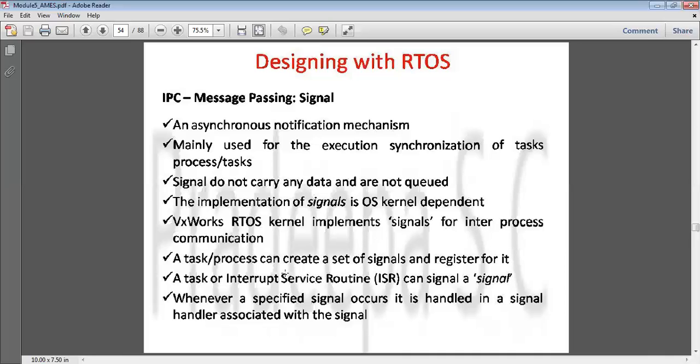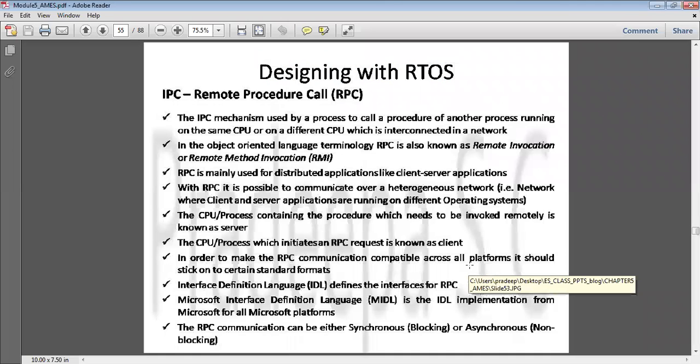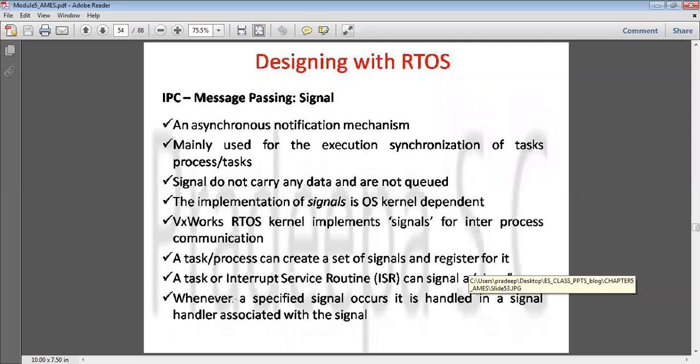With the help of signals also, the two processes can communicate, but for each signal there will be an interrupt service routine, and according to that, the signal is processed. So these are the different techniques. Just go through this, and the remaining thing we'll discuss in the next class. Okay.